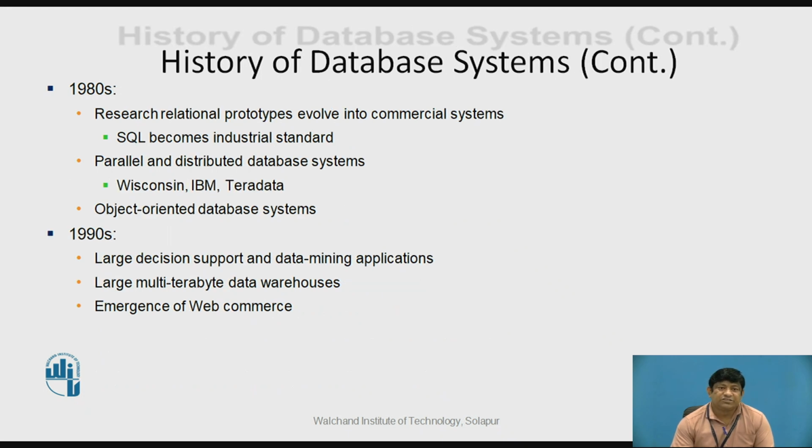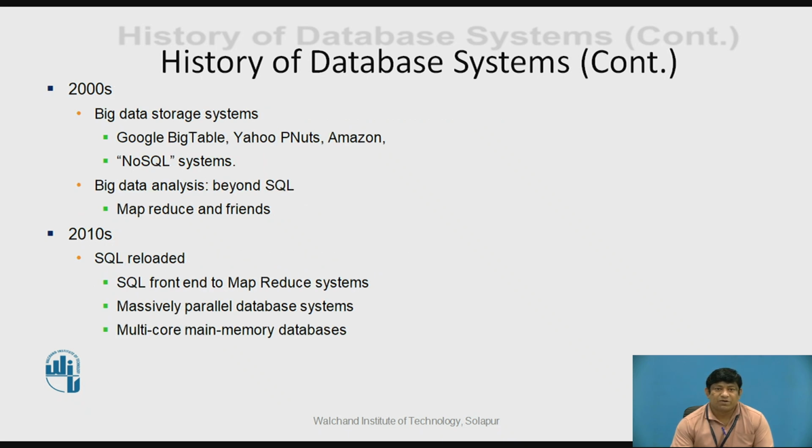In the 1980s, research relational prototypes evolved into commercial systems. SQL became the industry standard. Parallel and distributed database systems, Wisconsin, IBM, Teradata, object-oriented database systems. In the 1990s, large decision support and data mining applications were introduced, large multi-terabyte data warehouses, and the emergence of web commerce.